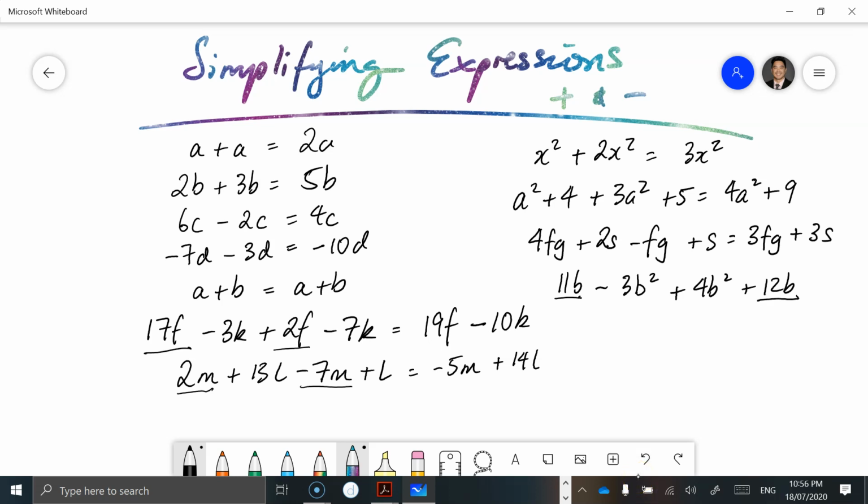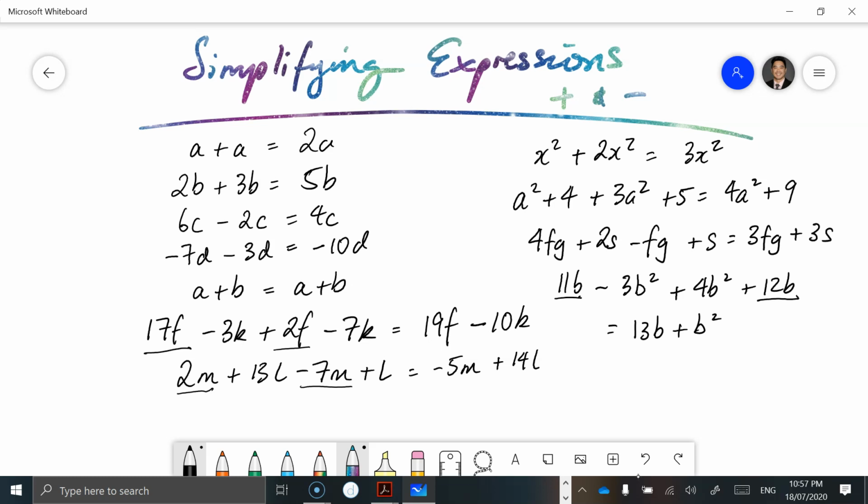So you don't want to combine the squared ones with the non-squared ones because they're not exactly the same. So 11b plus 12b is 23b, and then we can put the b squareds together. So minus 3b squared plus 4b squared is just b squared. So that's going to be the answer to that question.